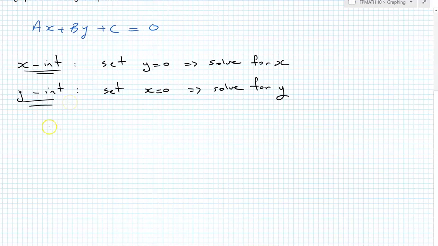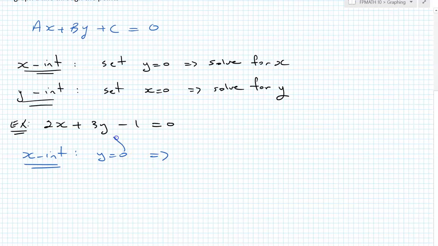All right, so let's look at the example. 2x plus 3y minus 1, set that equal to 0. So we want to find the x-intercept. So let y equal 0. Now we're going to plug in the 0 for y and then solve. 2x minus 1 equals 0.